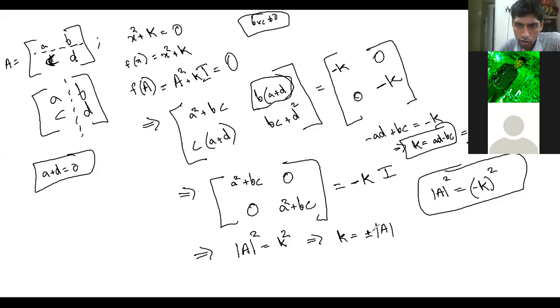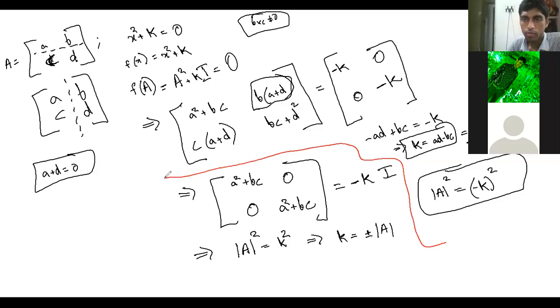If k is equal to determinant of a, did you understand what he did? You understood what he did at least.